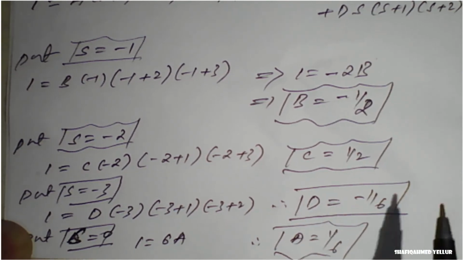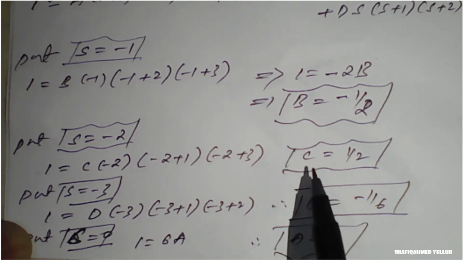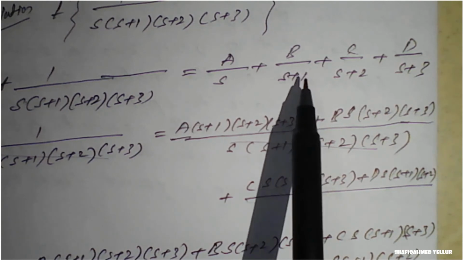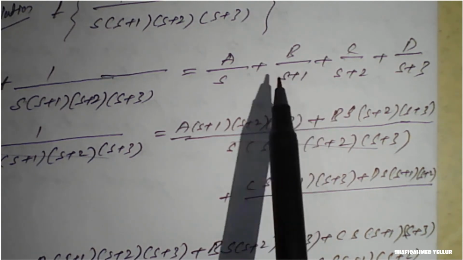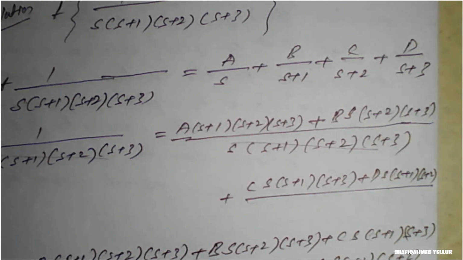So we got all the values, a, b, c and d. We'll apply these values once again in this fraction, so that we can directly apply inverse Laplace transform to this. So I will go back and apply the values of a, b, c, d, and we'll see what happens.